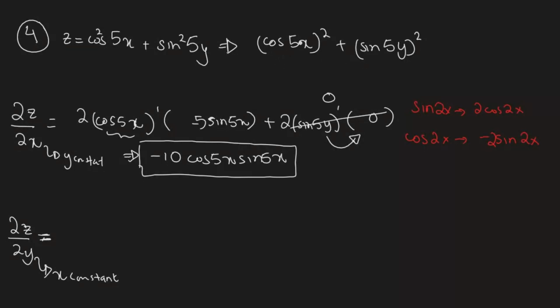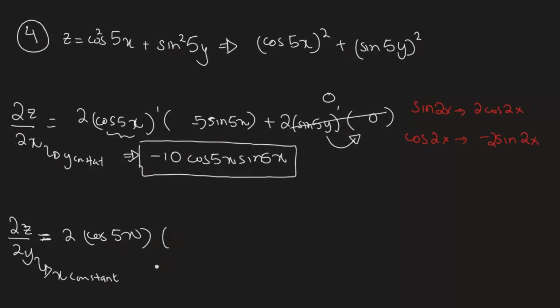First, taking the derivative of this one, 2 cosine 5x, bringing the 2 down, and 2 minus 1, that's 1. By the way, if you write the 1 or not, it doesn't matter. I'm just writing it so you don't get confused.